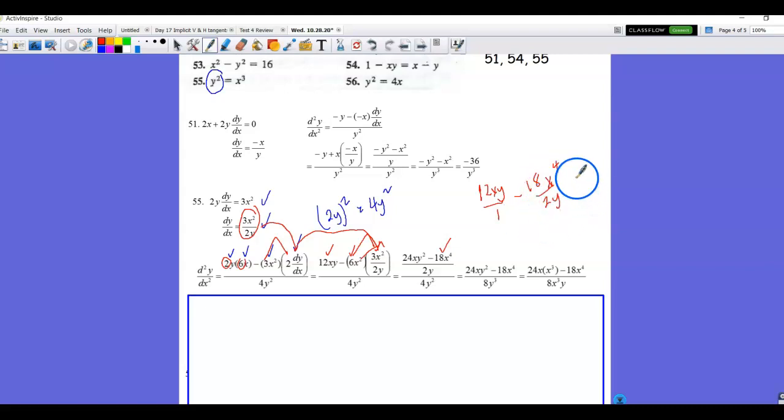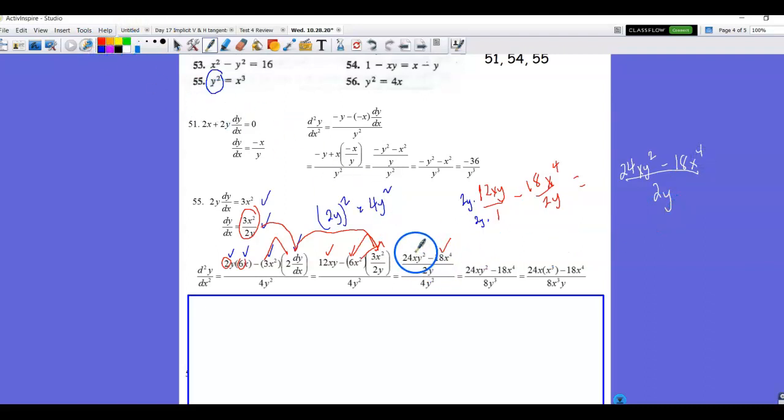So I need to get a common denominator. So the common denominator will be 2y. So I'm going to multiply over here the denominator by 2y and the numerator by 2y, and that's where I'm getting the 24xy squared. Okay, it's not magic, it's just math.